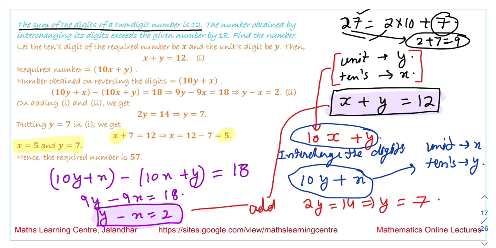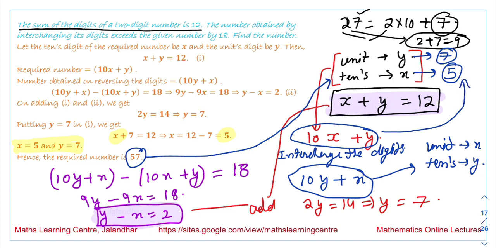What does this represent? The number is formed using the formula 10x plus y, which means 10 into 5 plus 7, and the answer is 57.